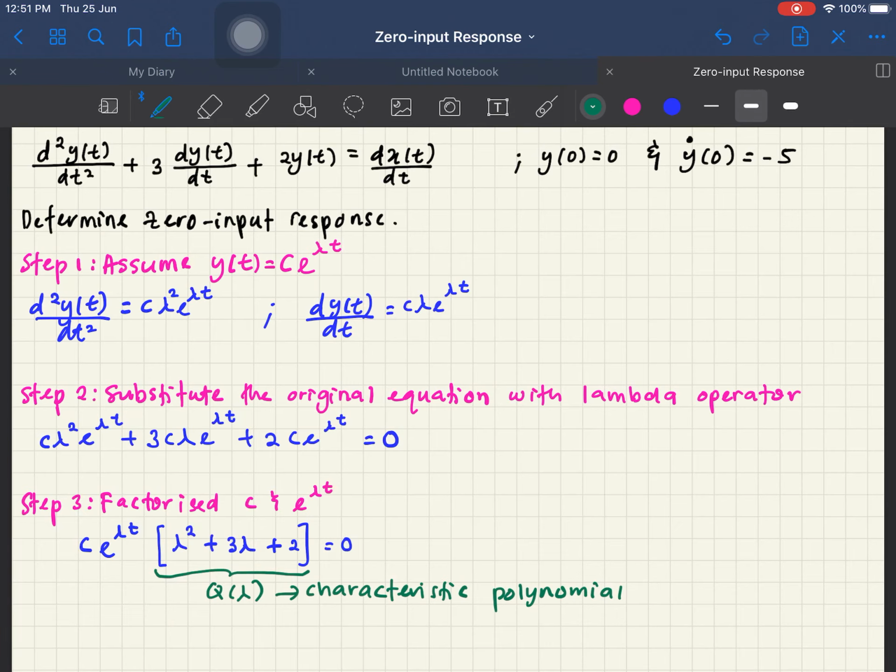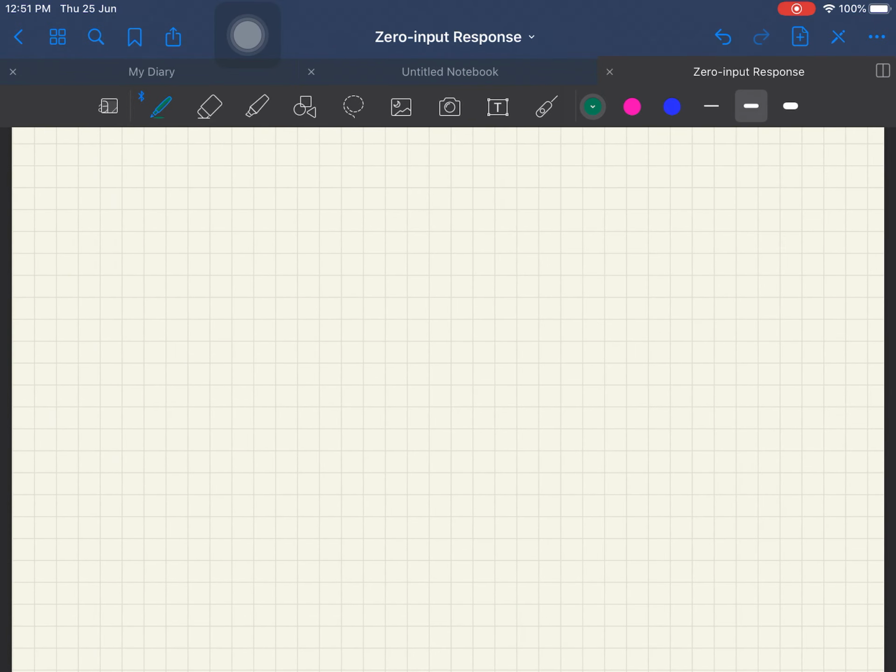The next step, step 4, is to determine the roots of the characteristic polynomial.